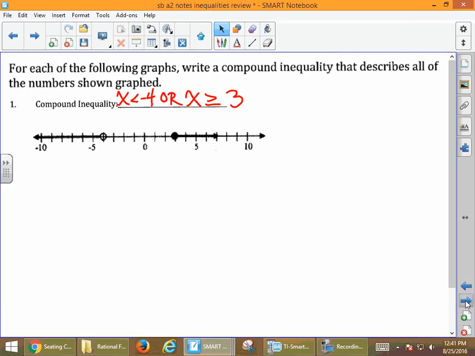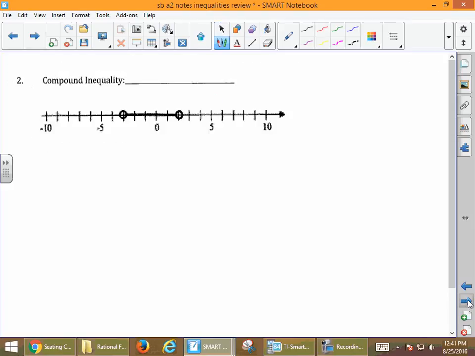On the next one, it looks like an AND. We have a starting point, we have a finishing point on here. And we don't have to write AND. Remember, what we're looking for is the fact that x is in between two values.